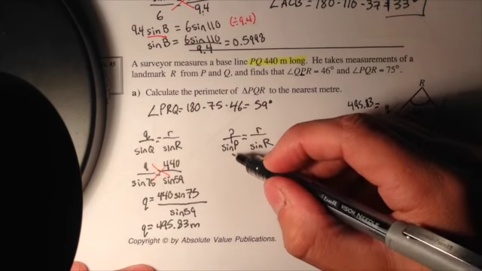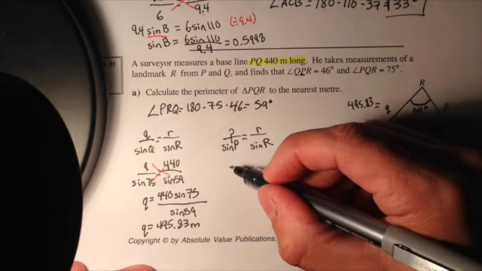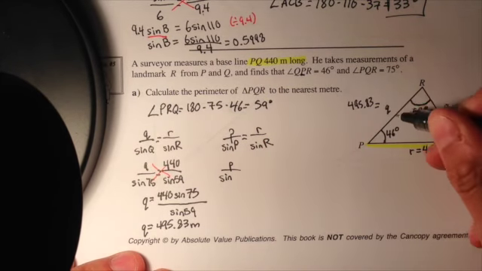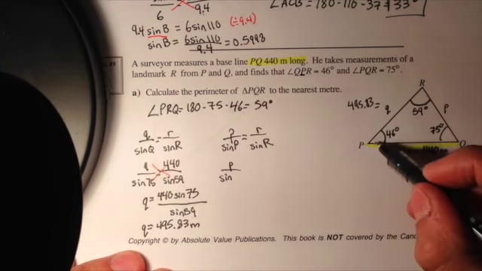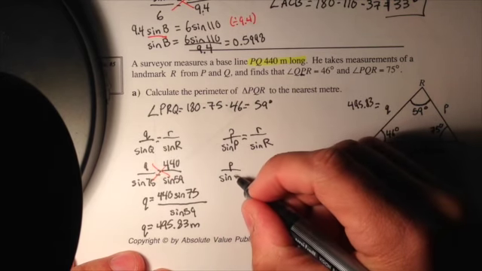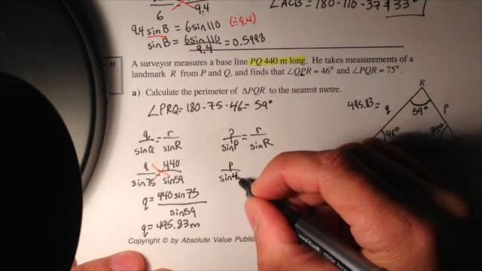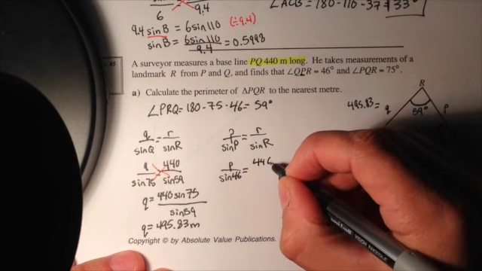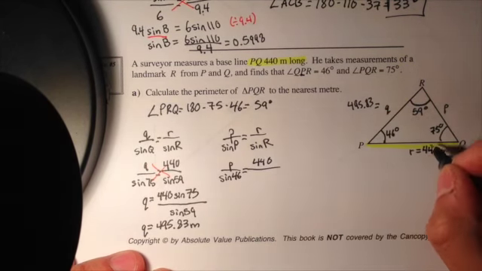Okay, and so let's plug in all the information that we have. So P over sine of 46, since P is right across from the side P over there, is equal to 440 over sine of 59.